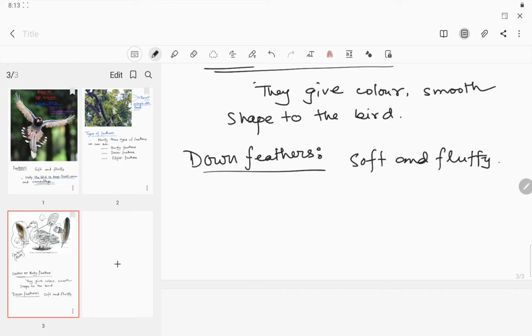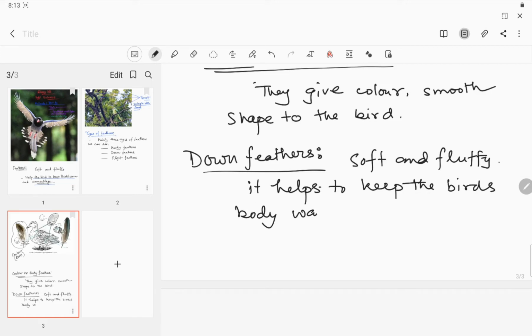Obviously they are very light in weight, and they help to keep the bird's body warm.